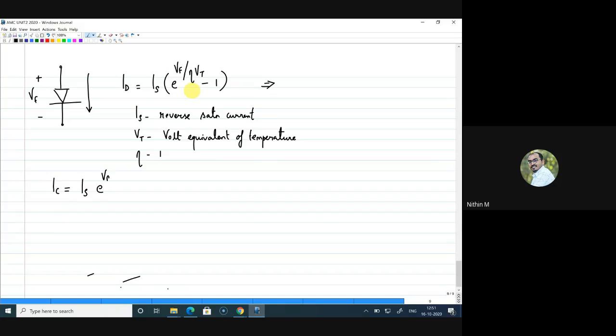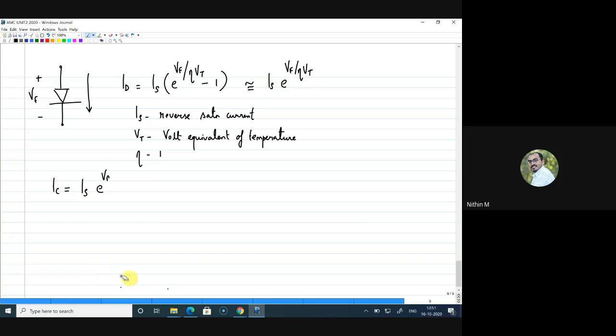Here Is, the reverse saturation current, is very small compared to the rest, so this is often approximated as Is into e to the power of Vf by eta Vt. This is what we generally consider.